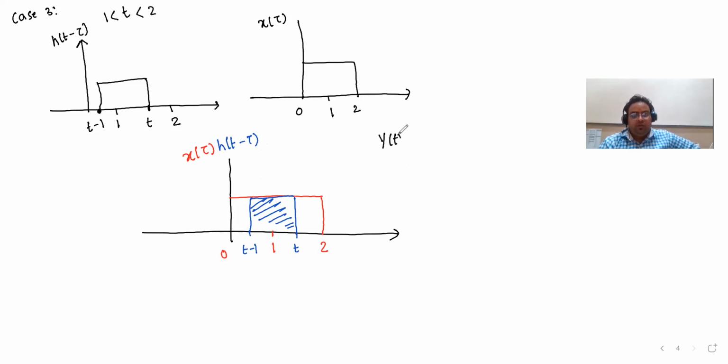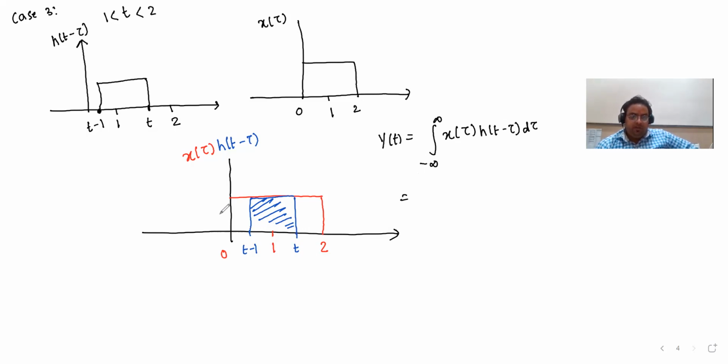the output signal y of t will be the integration of this product. So x of tau, h of t minus tau, d tau from minus infinity to infinity. Now you can see that the only area where we will have some non-zero value is from t minus 1 to t. Everywhere else we are going to have 0.